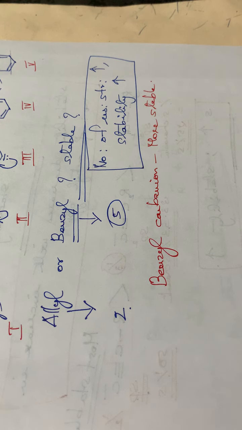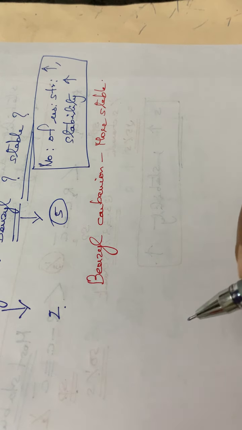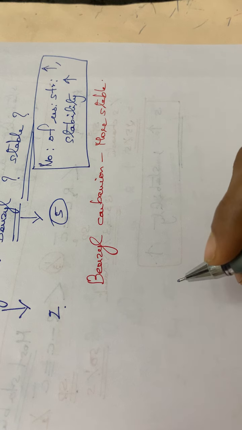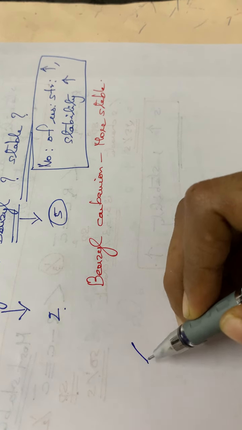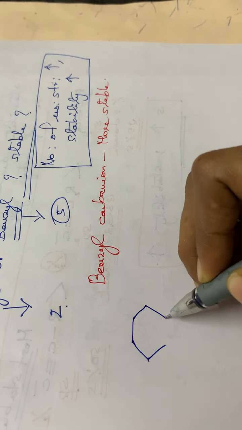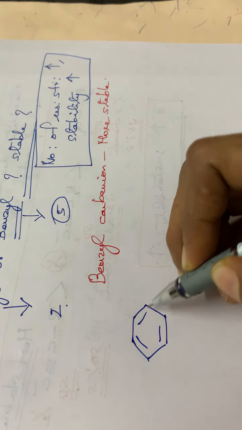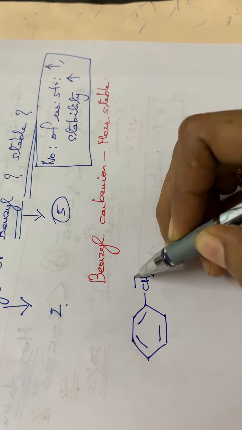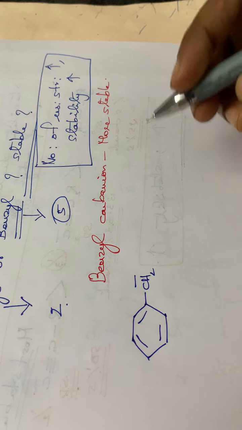Then the next is, just as in the case of carbocation, we have to compare benzyl carbanion, diphenyl methyl carbanion and triphenyl methyl carbanion. This is benzyl carbanion, C6H5CH2 minus.